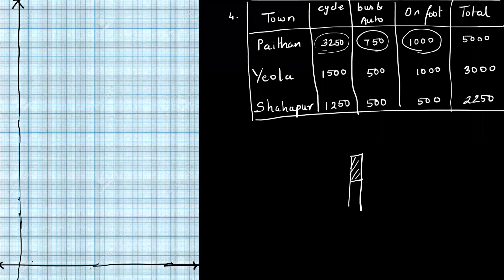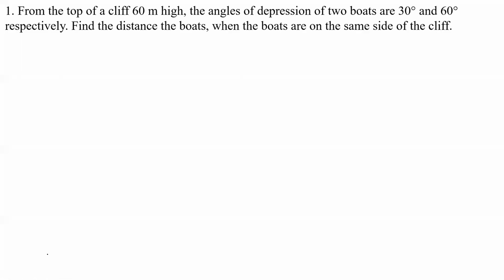This is 0. We can call this x and x dash, and this is called y, and we can call this part y dash.